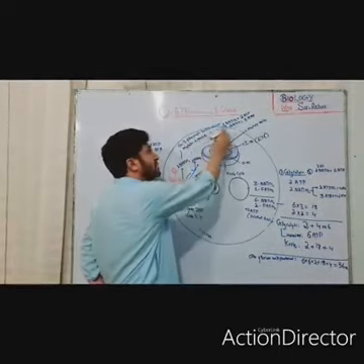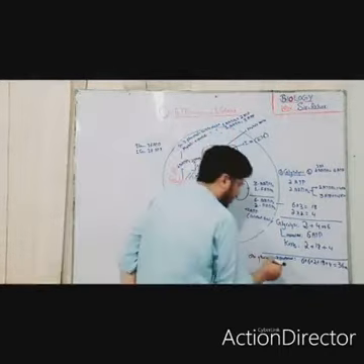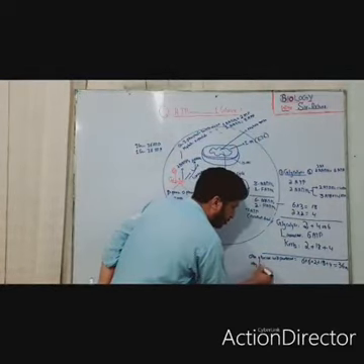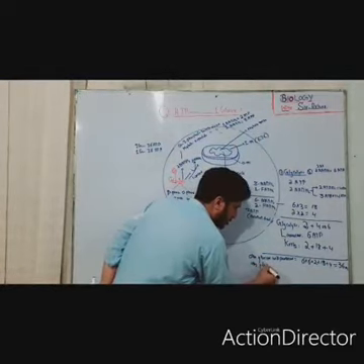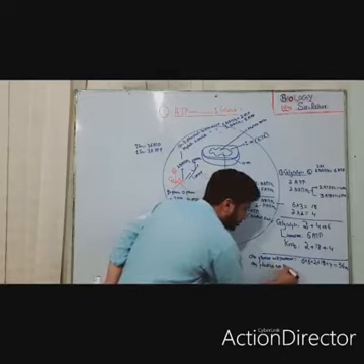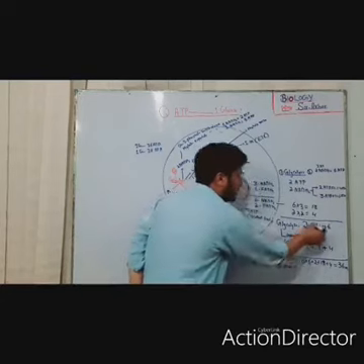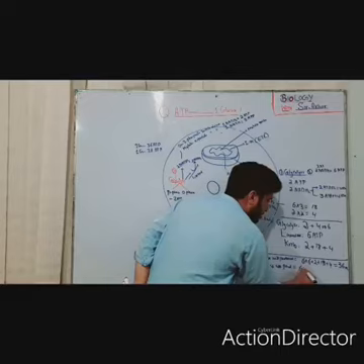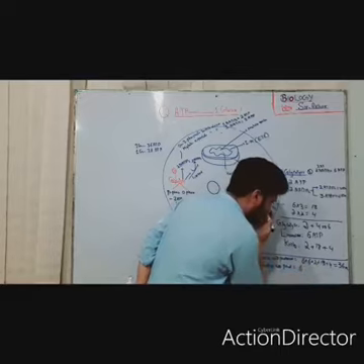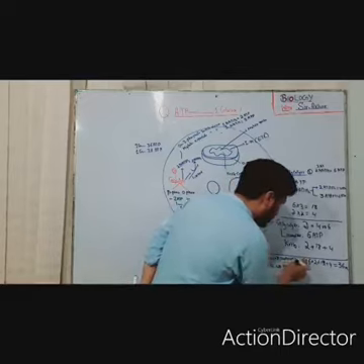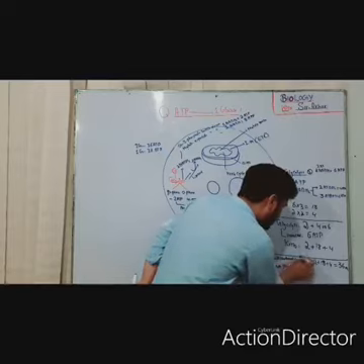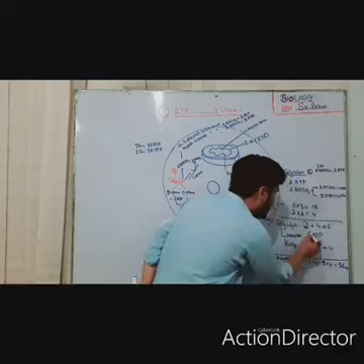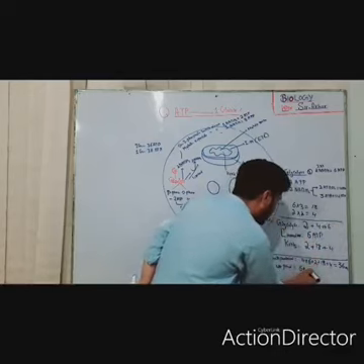According to the malate aspartate shuttle, one glucose will produce more. Now here we will write for 2 NADH2 molecules, 6 ATP. Here we will write 4, now here we will write 6, 6 here also.